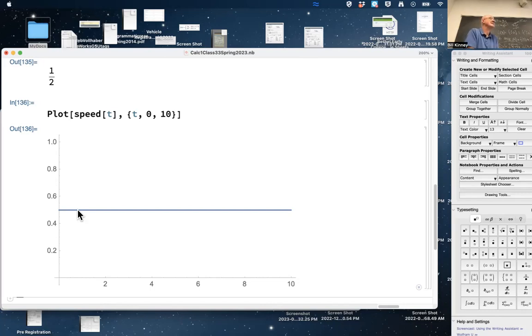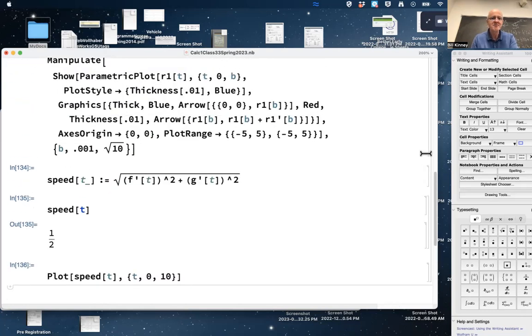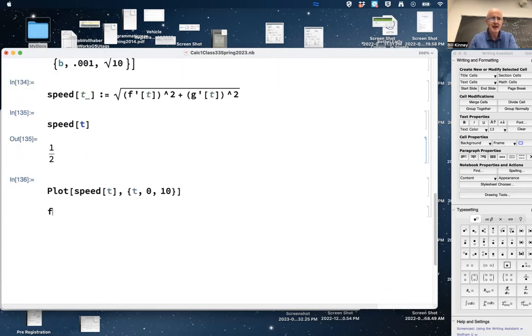But what if the speed's not constant? Oh, I didn't do an F1 and a G1. Okay, F1 of t is f of t squared, and G1 of t is g of t squared. Those are no longer constant functions.